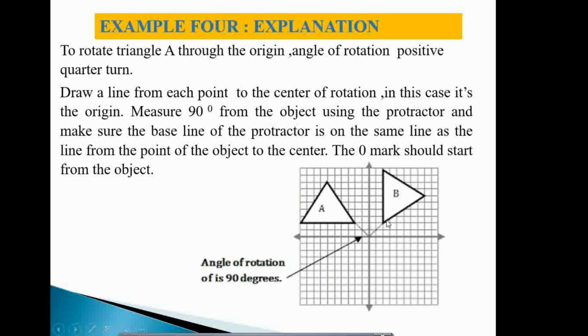So we have A that has been rotated onto B. You can see there's a point that has been picked here. There's a line being drawn from the object to the center of rotation, which is the origin, and then with our protractor we measure 90 degrees until we rotate it to B.